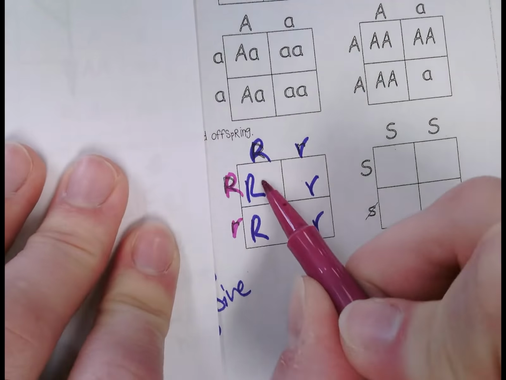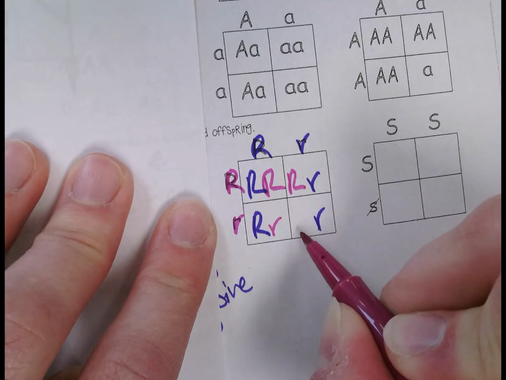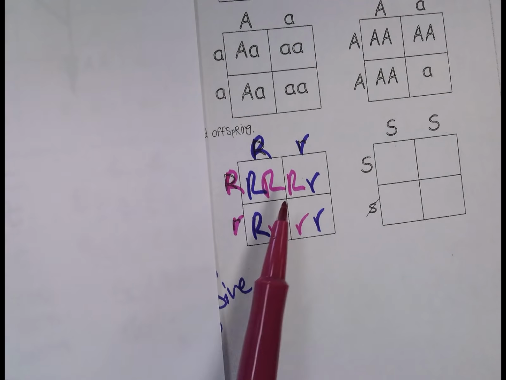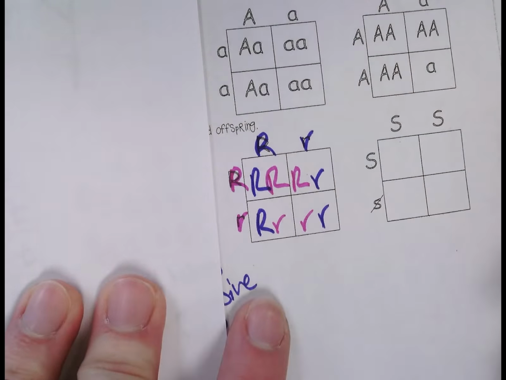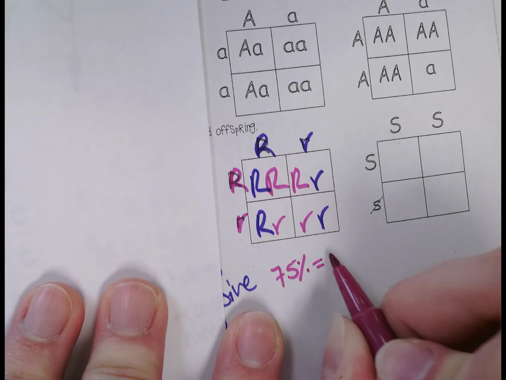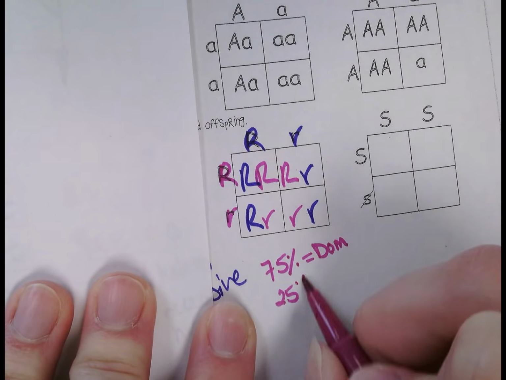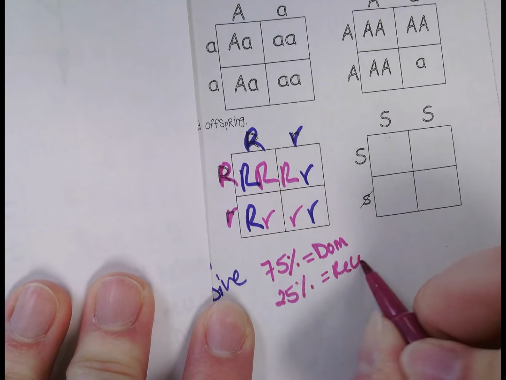So now I'm going to distribute my big R. My big R, my baby R, my baby R. There we go. All right, so this one gives you a kind of interesting cross. You have 75% are going to have the dominant trait. Well, 25%, that 1/4, is going to be the recessive.